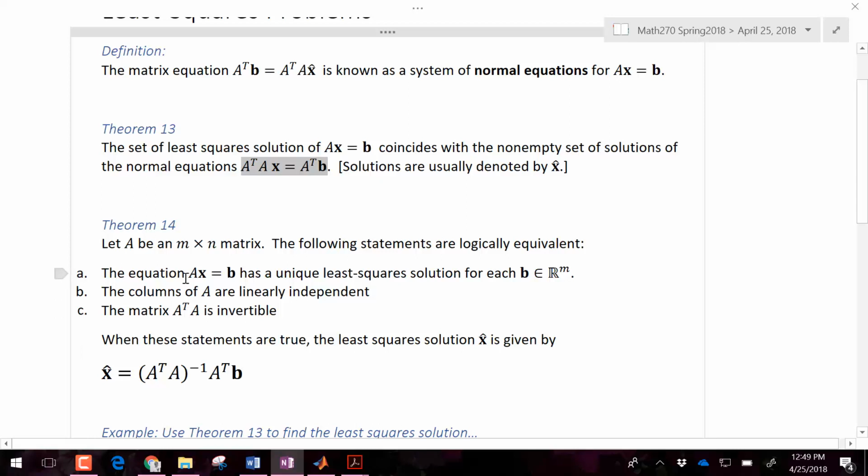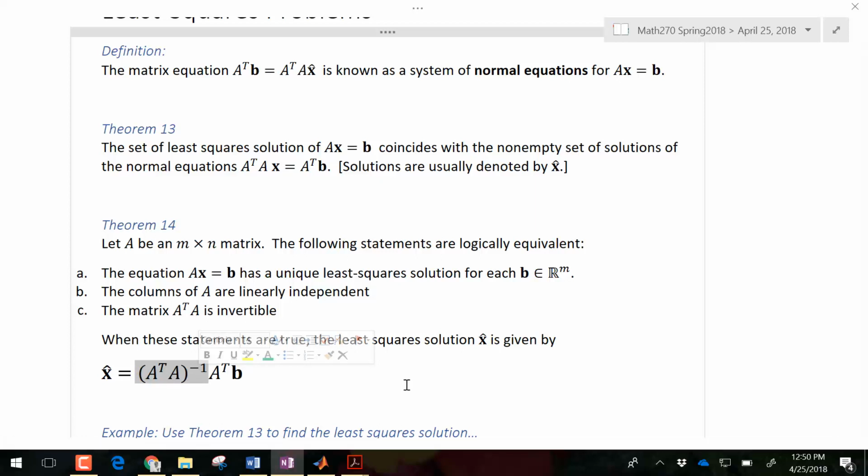So the equation Ax equals b has a unique least squares solution for each b in some vector space if the columns of A are linearly independent. As long as that's true, then A transpose times A is going to be invertible. And in those cases, if we can find the inverse of those matrices, I don't know how easy it would be, then we can solve for these problems really quite easily.